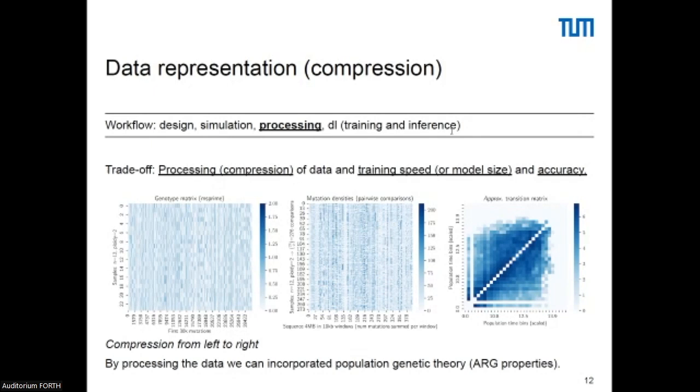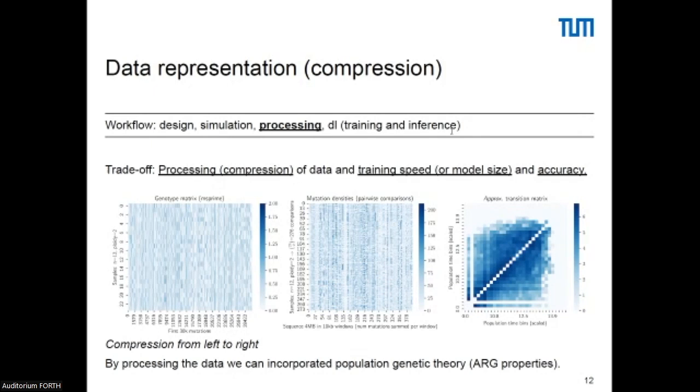Then we can simply see if we have, for example, in one window 20 mutations and in the next 100 mutations, depending on how big we make our windows, then we can just fill up this matrix by going on the one axis in which bin the 20 falls and on the other axis in which bin the 100 falls, and then we add just +1 in this particular window. And then we do this for all these values here. And then we have a very dense transition matrix representation, which is just rescaled to get the coalescent times.